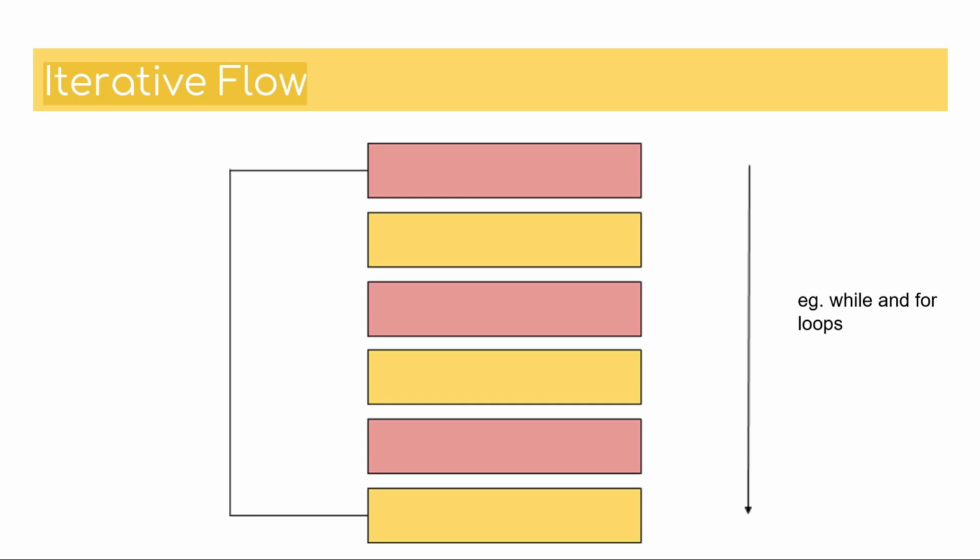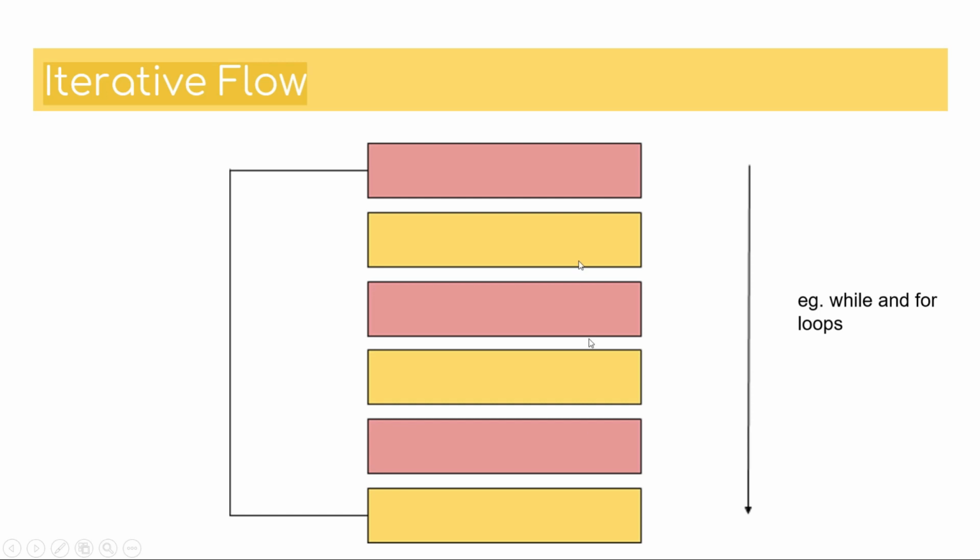Finally, iterative flow. When you want to do some repetitive task, you need three things: the initialization, the condition, and the iteration. Initialization tells from where to start, and the condition is checked at the entrance level. If the condition is true, then only entry is allowed.